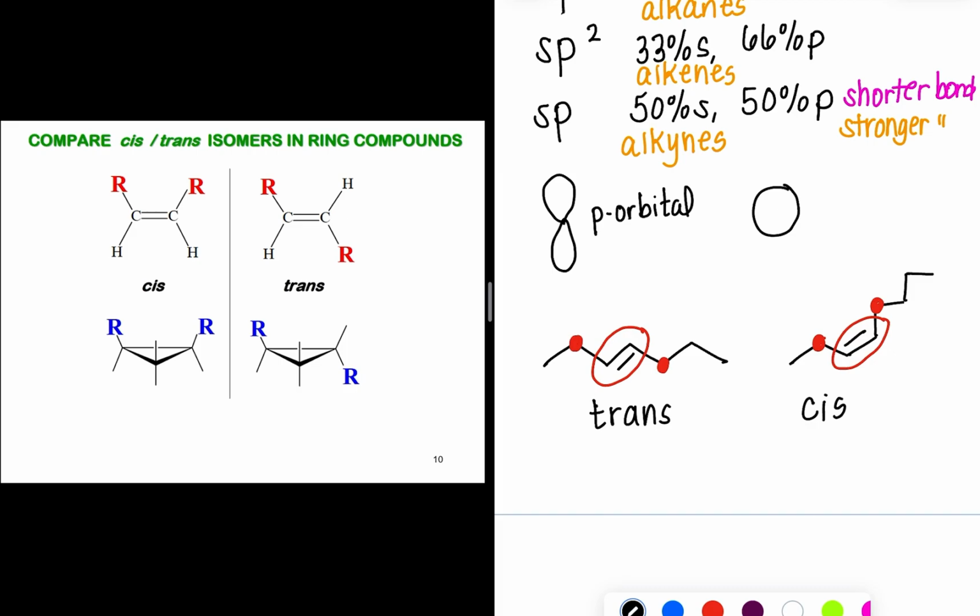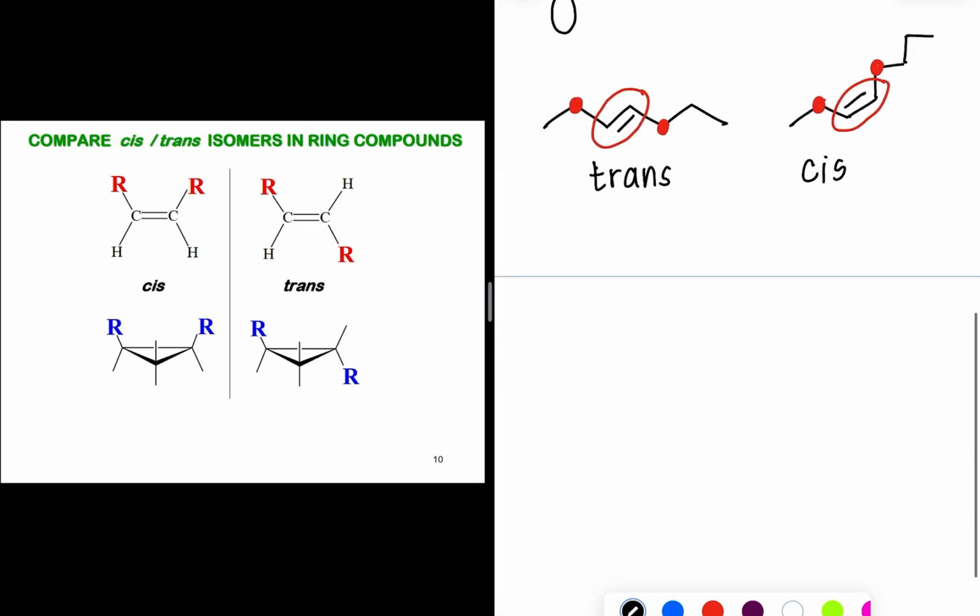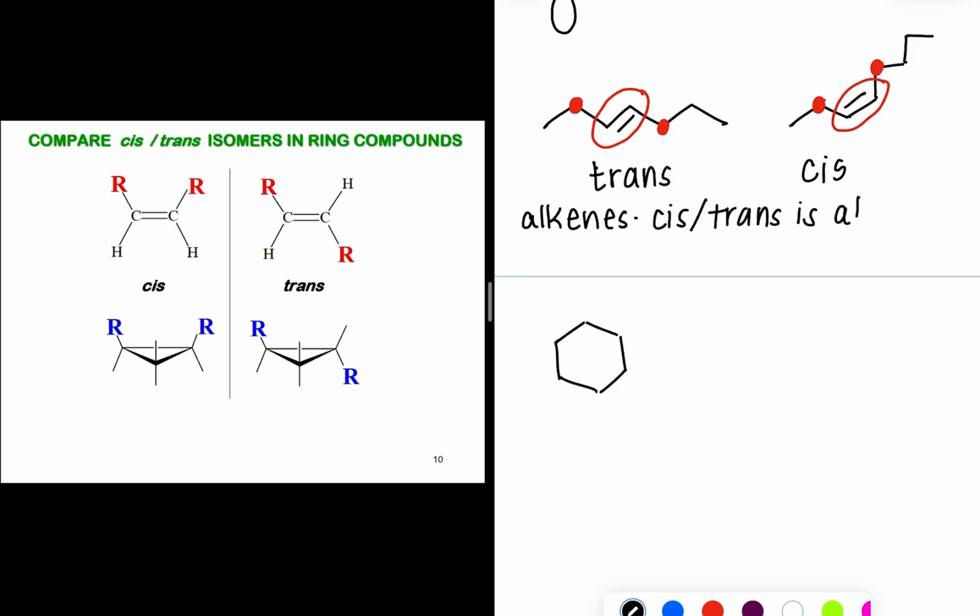I want to differentiate this from ring compounds. So we have our cyclohexane. There is cis and trans in alkenes. This has to do with what side of the double bond it's on. So in alkenes, cis and trans is about what side of the double bond it's on.